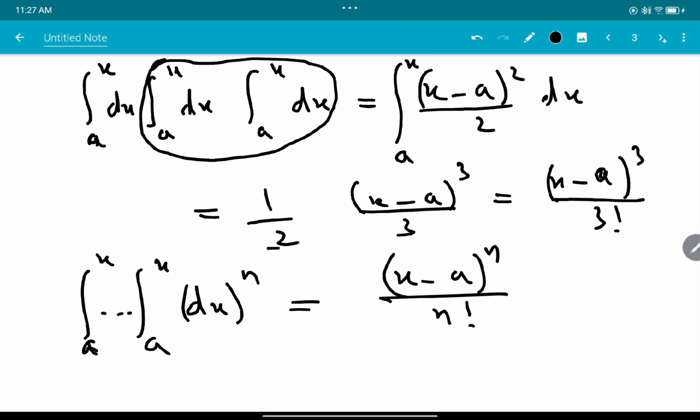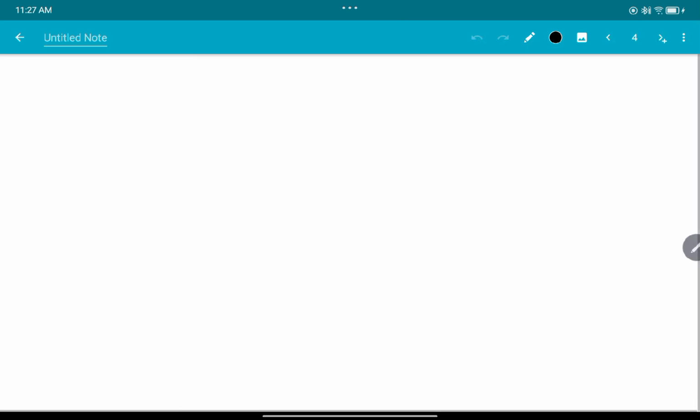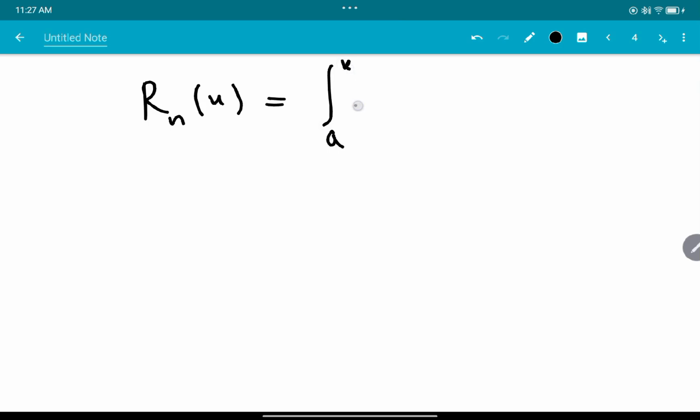Where are we going to use this result? We have seen that the remainder R_n(x) is equal to the integral from a to x, then again the integral from a to x, of f^(n)(x) dx^n.